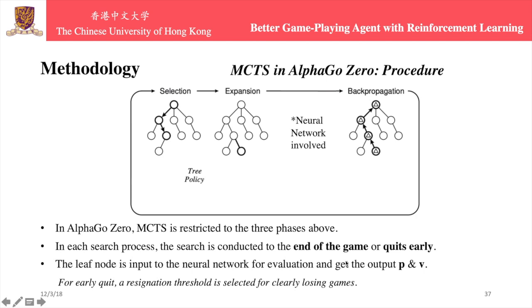Early quit is a system developed by the Google DeepMind team to help save computational resources. If I go through one way and I will probably lose, below a resignation threshold, the machine will just stop at that node and quit the search process.